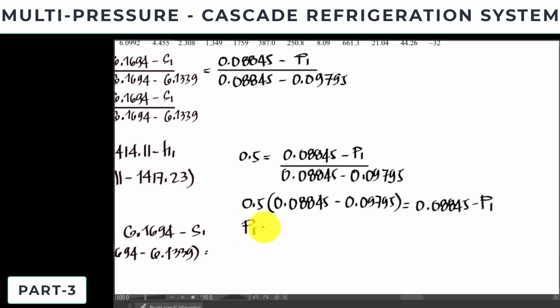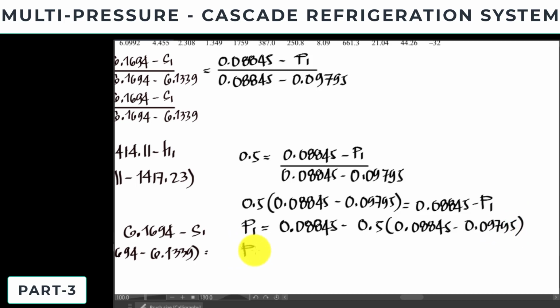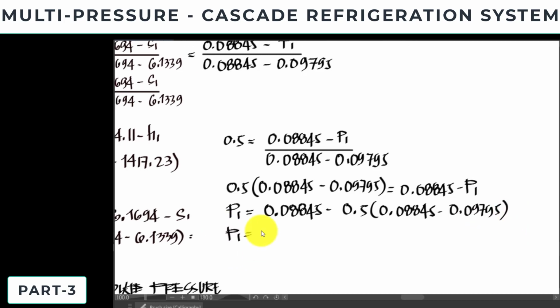Then finally, we have your p sub 1, which is equal to 0.08845 minus 0.5 times (0.08845 minus 0.09795). So p sub 1 is equal to 0.0932. This is in megapascal.